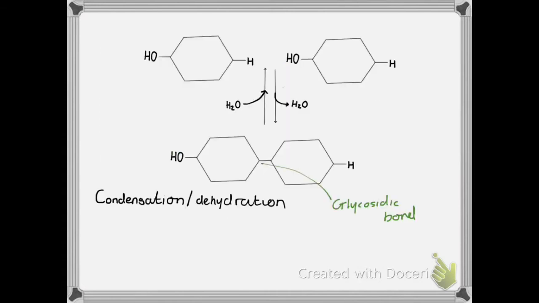But how do these glycosidic bonds form to make disaccharides and polysaccharides? Well, it's through something called condensation or dehydration. It's when a hydrogen and a hydroxyl group of the 2 monosaccharides join together and are released, forming a water molecule, H2O. Where these missing groups were, the glycosidic bond forms.